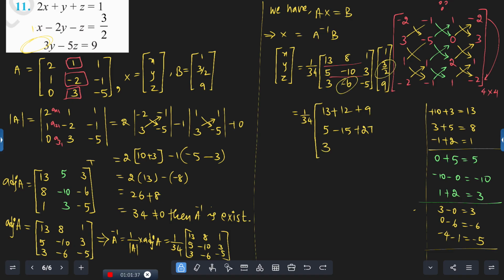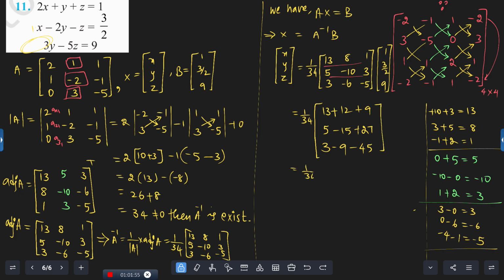Minus 6 into 3 by 2: 1 time, 3 times, then minus 3 into 9, minus 9 we are getting. So minus 5 into 9, minus 45.